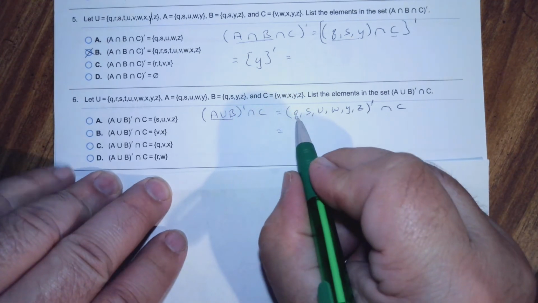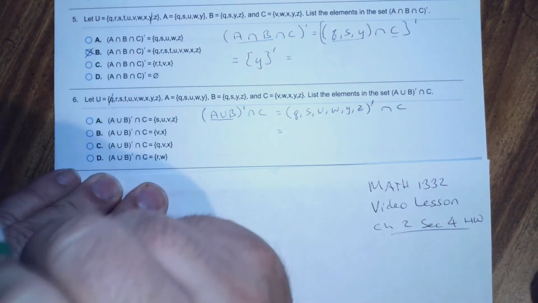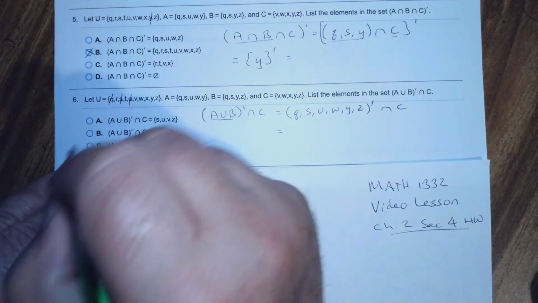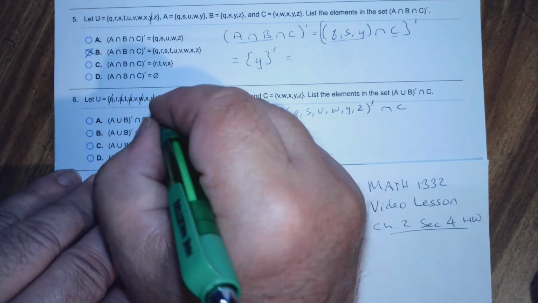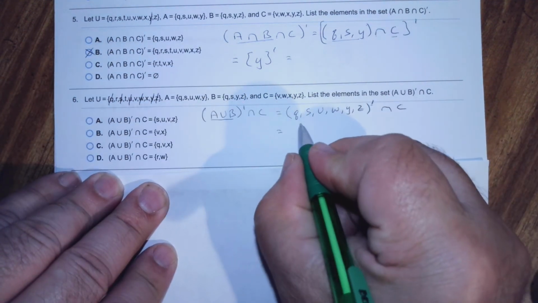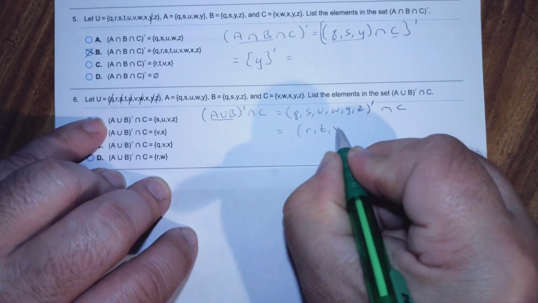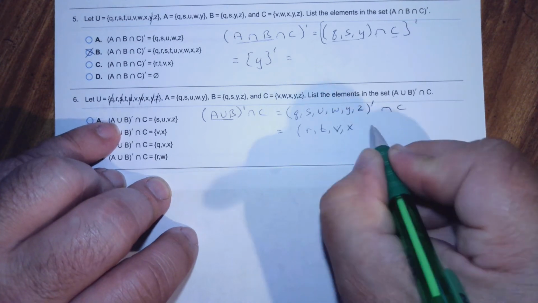So everything in the universe, remove these guys. So take out the Q, S, U, W, Y, and Z. So that leaves us with R, T, V, and X.